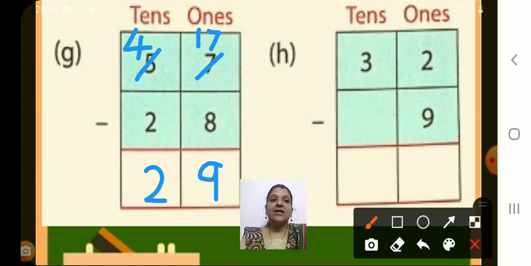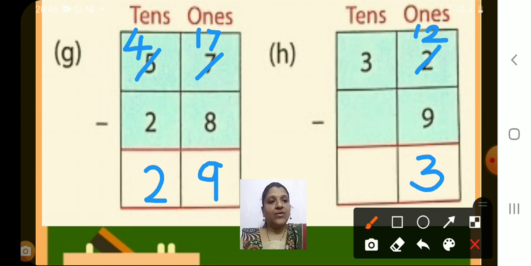Next is 32 minus 9. Again, in ones place, number 9 is bigger than number 2. Hence, we cannot subtract it from 2. Now, let's take 10 and strike off 2 and write number 12 above it. Now, 12 minus 9, 3. We will write it over here.